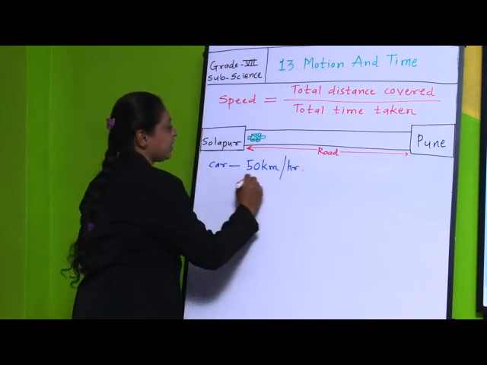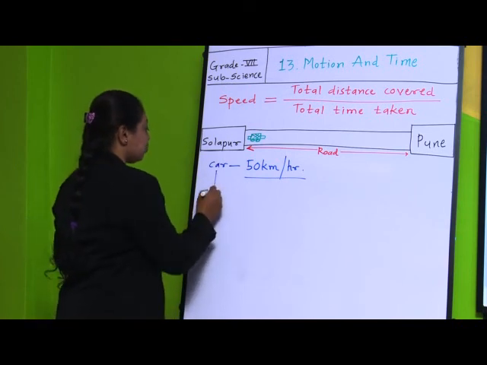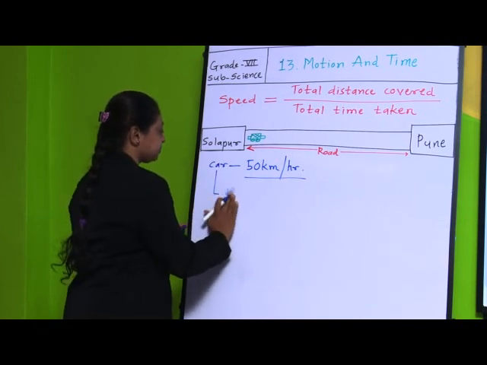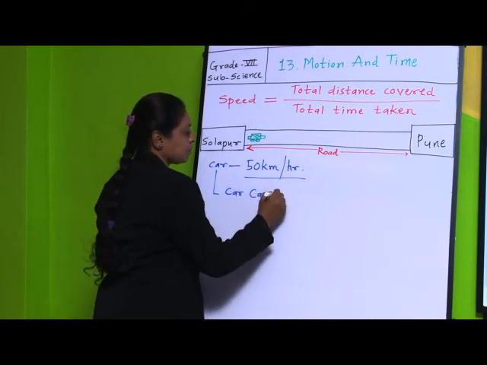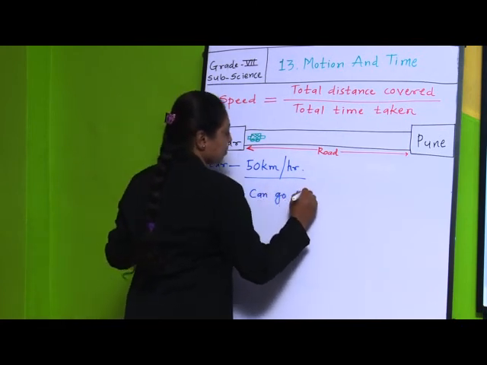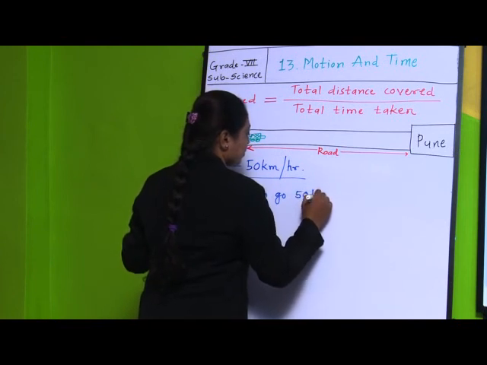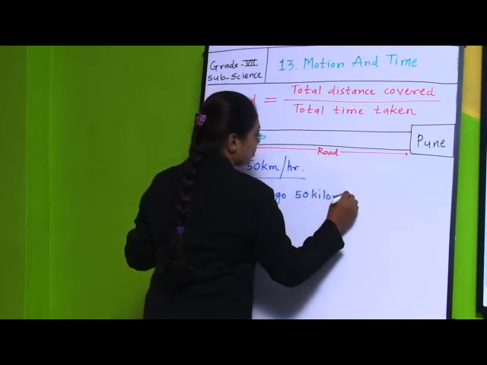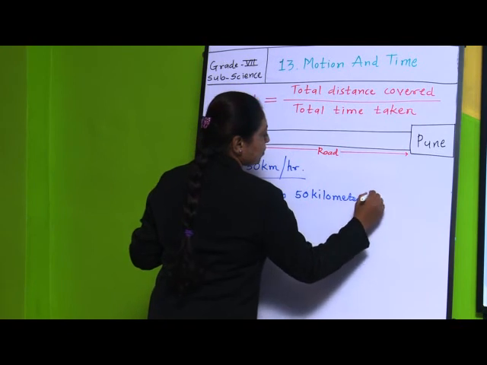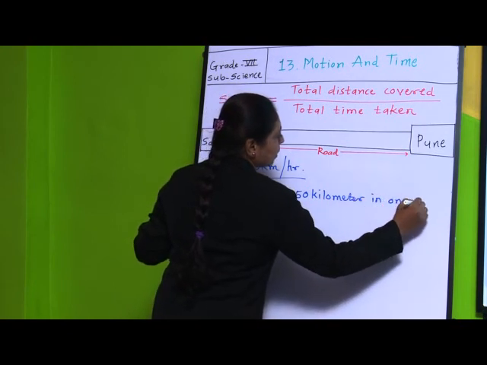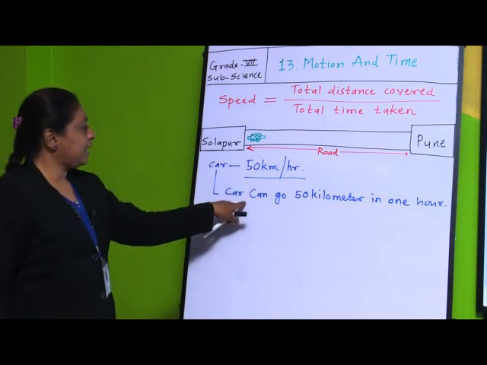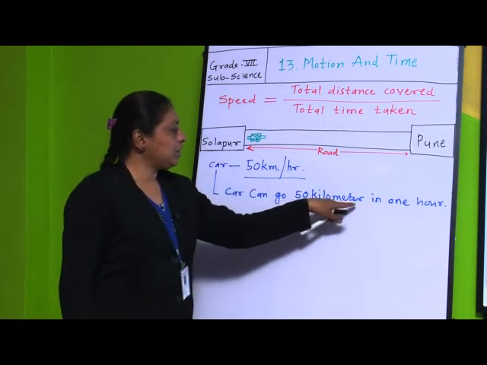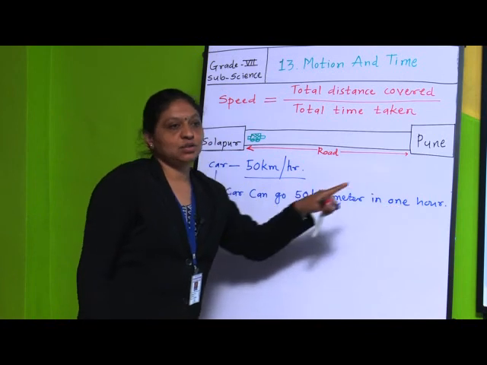So this we can write in a scientific way. It means the car can go 50 kilometers in 1 hour.